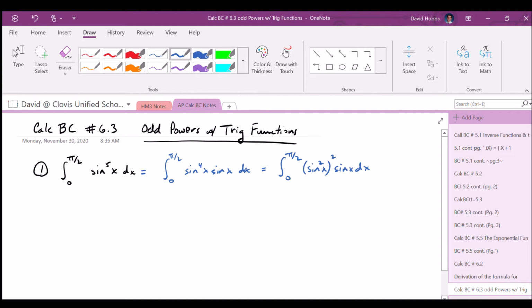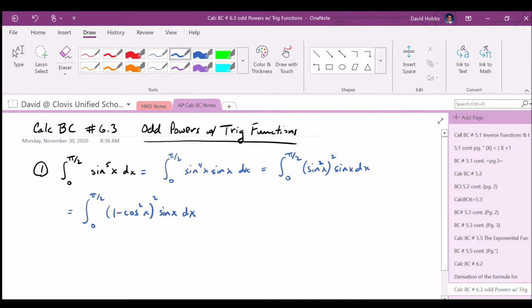And then we want to keep in mind our Pythagorean identity substitution. So sine squared, we could trade that in for 1 minus cosine squared. Oops, I left off my sine x. It's very important, we want that.